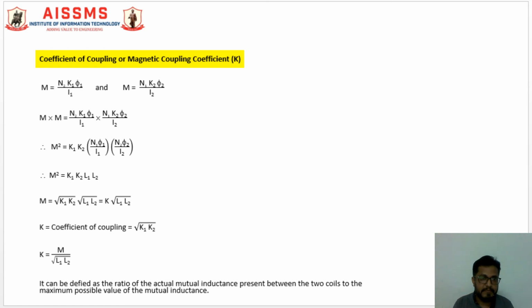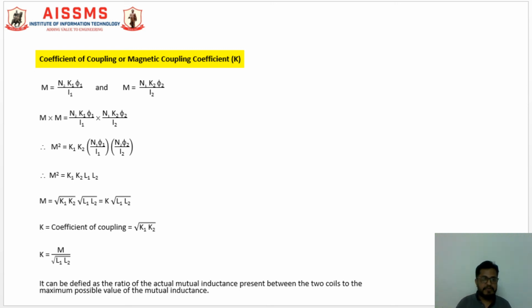Therefore M is equal to under root K1 K2 into under root L1 L2, which is equal to K into under root L1 L2. Here K is nothing but coefficient of coupling or magnetic coupling coefficient, and it is equal to under root K1 K2. Therefore K equal to mutual inductance divided by under root L1 L2.